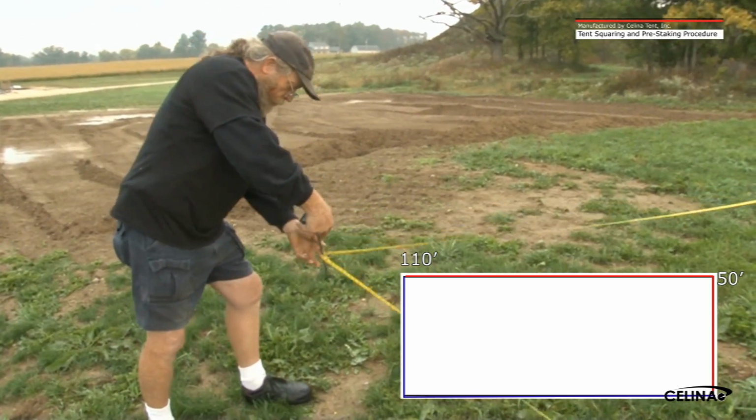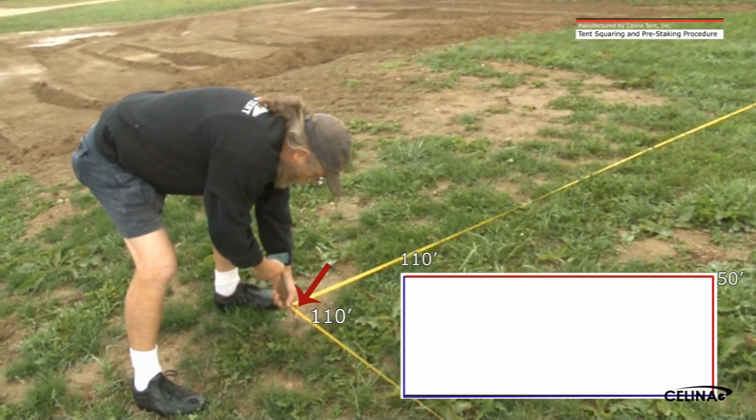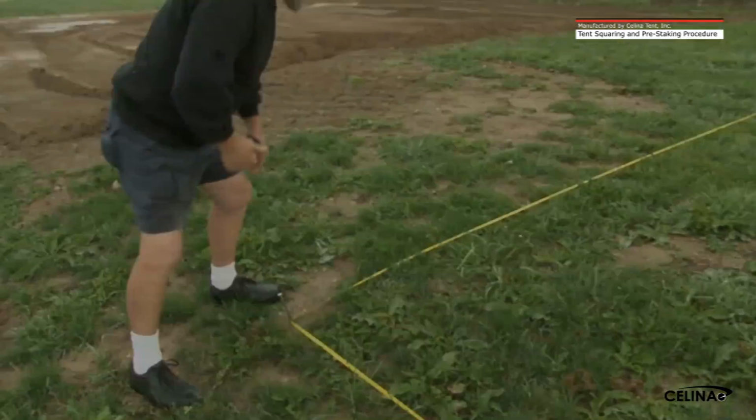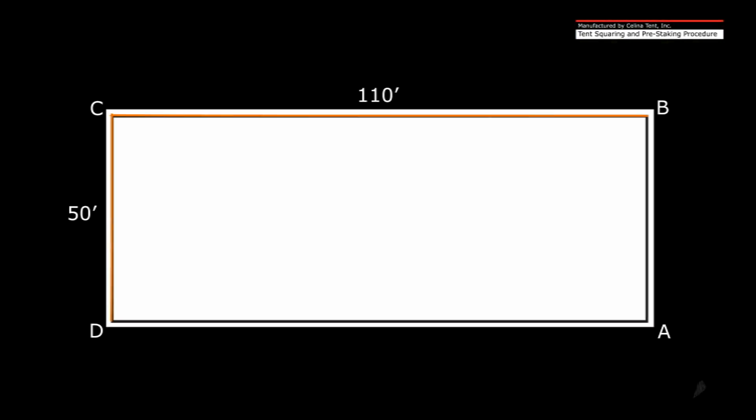Pull tight from both directions and place a spike in the ground at this point to signify the corner location. As an optional step, double-check the squaring accuracy by measuring the diagonal dimension of the opposite corners. The stake line perimeter of the 40-foot by 100-foot is now set and ready to be marked.